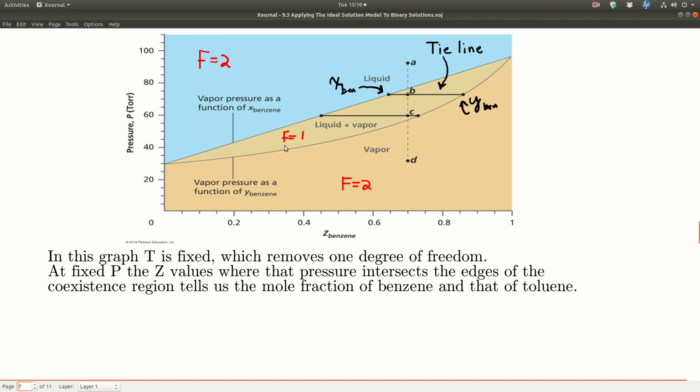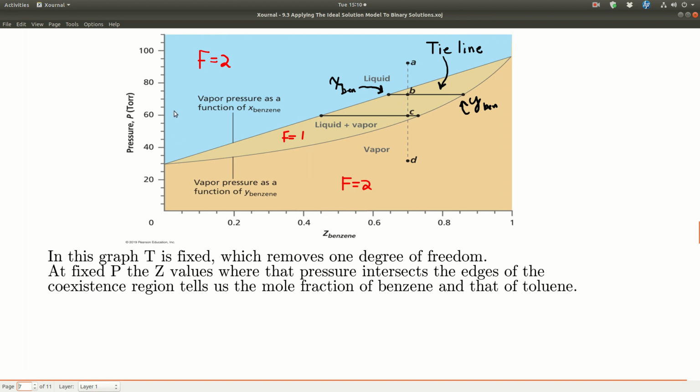Now in this graph right here, temperature is fixed. That takes away 1 degree of freedom. So in this area of the graph, there's only one phase, but 2 components, and there are only 2 degrees of freedom. Same thing down here. And in the coexistence region, there are 2 phases, so there's only 1 degree of freedom.